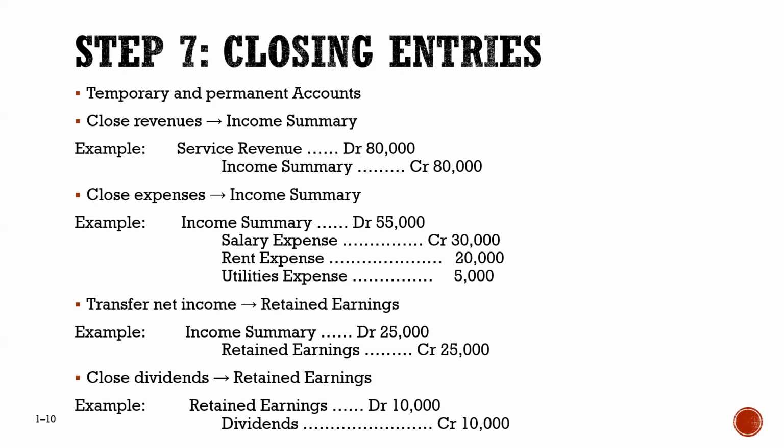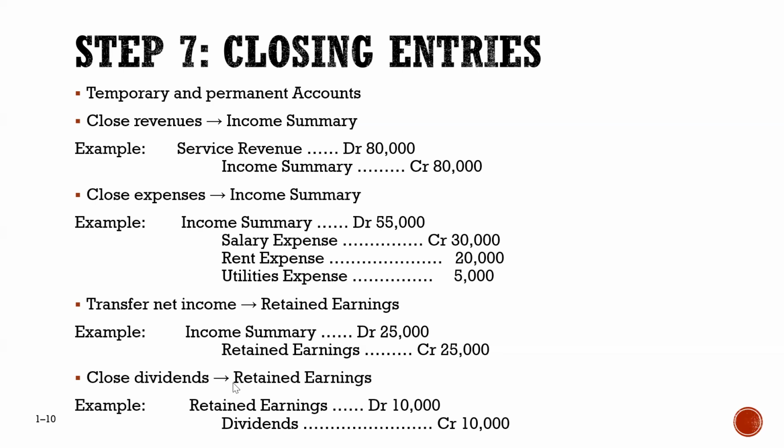If net income is 25,000, the entry is: income summary debited with 25,000 rupees and retained earnings credited 25,000 rupees. If instead the company had a loss, this entry would be reversed, meaning retained earnings is debited and the income summary account is credited in case of a loss.